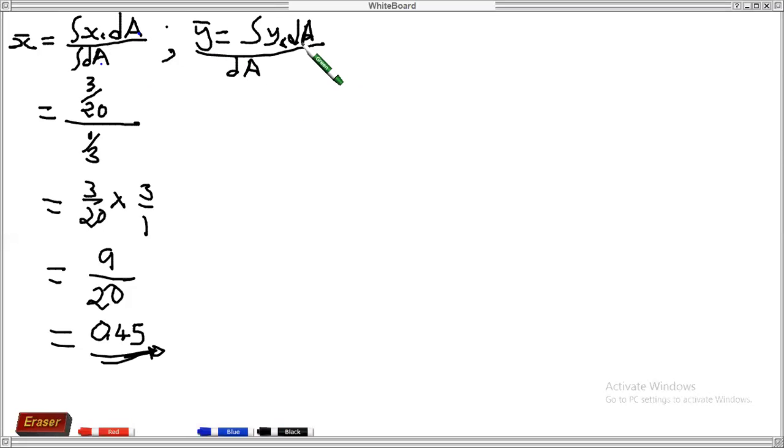So we need to find this one also in terms of y now. Okay, we can do that quickly. We just need to find the one for that y portion, the denominator, also from 0 to 1, yc dA.